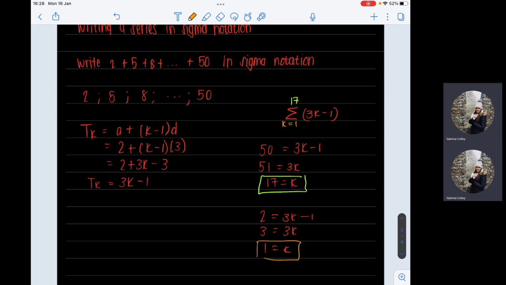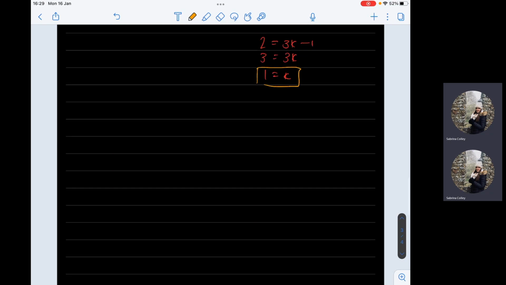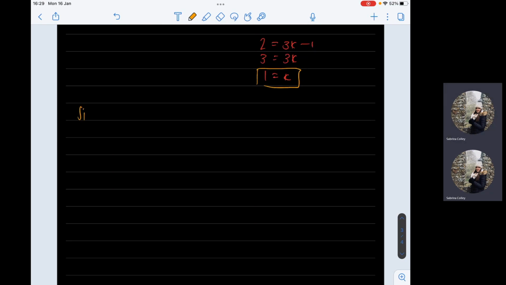All right, so there are a few rules with sigma notation.